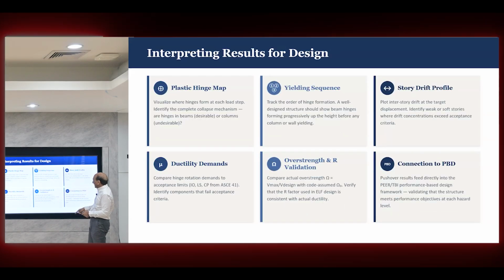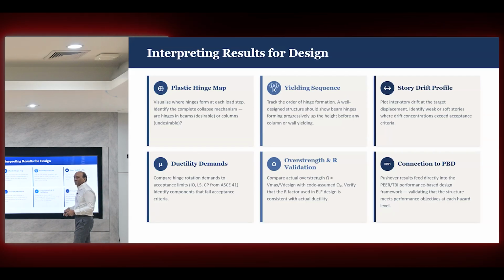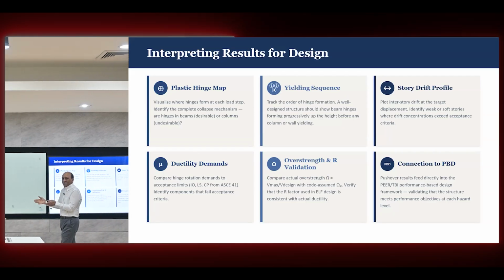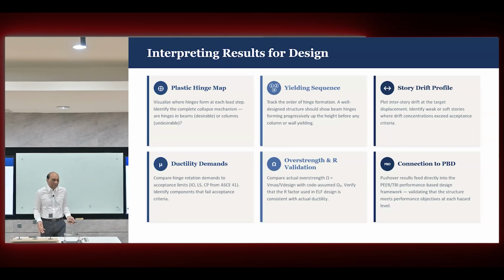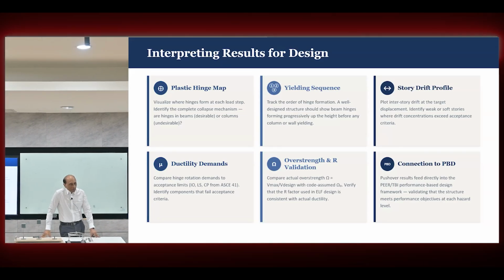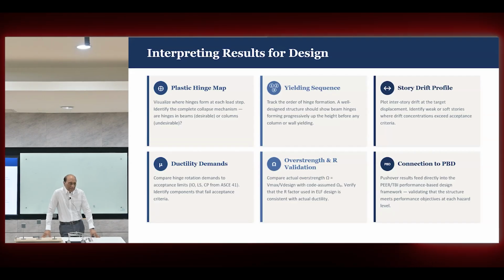Story drift profile, you can get that, and this is a connection to performance-based design. This actually leads to performance-based design. In fact, this is performance-based design. People use it for many structures. Pushover is enough to call it PBD, right? So that's the pushover analysis, in a very different direction than all the other methods we have talked about so far.